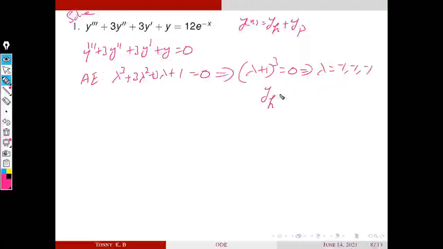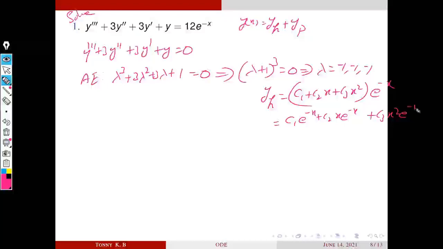YH is C1 plus C2x plus C3x square into e raised to minus x. It's a real solution. As discussed in our previous case, this is C1 e raised to minus x plus C2x e raised to minus x plus C3x square e raised to minus x. So this is our YH.